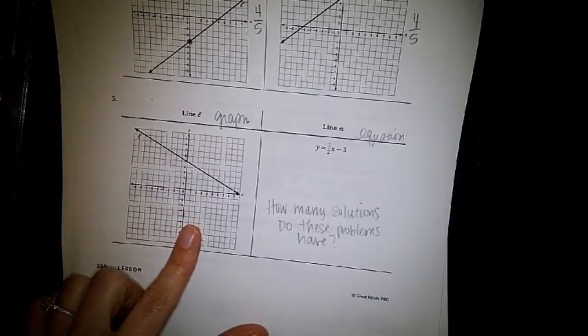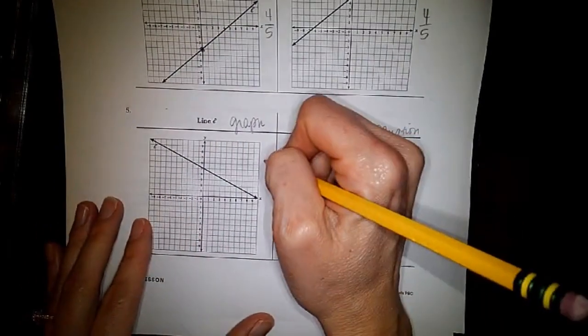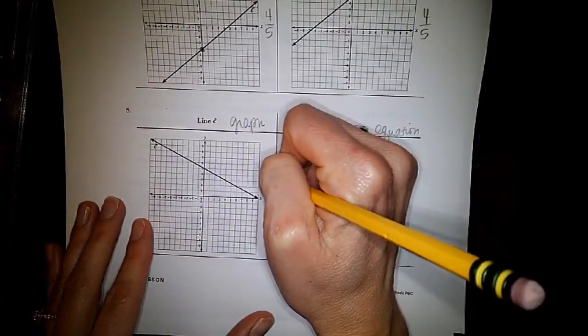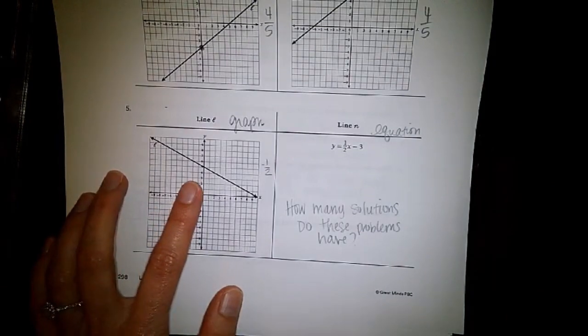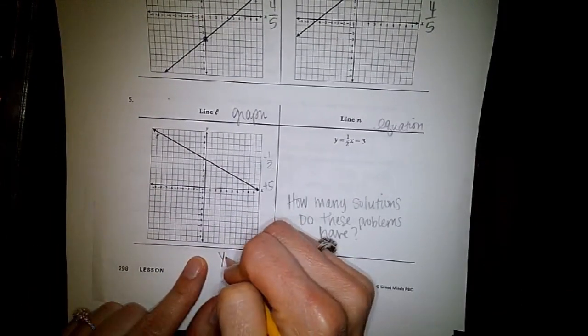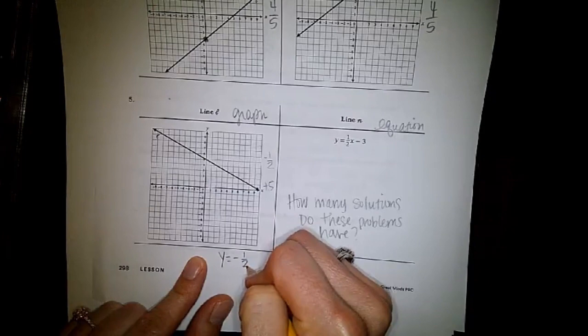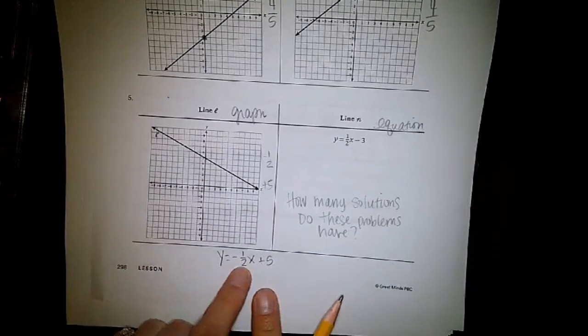Okay, so what did we figure out the slope of this one was? -1/2. And what's its y-intercept? 5. Okay, so our equation for this line would be what? Okay, is this and this going to make a parallel line?